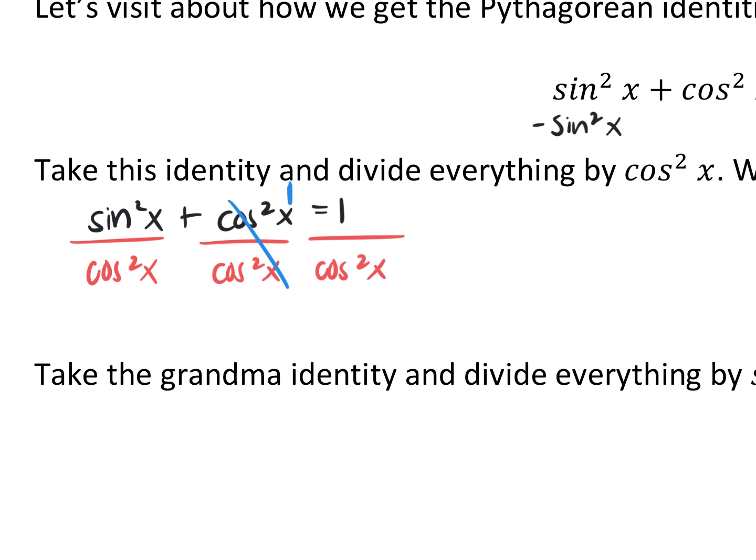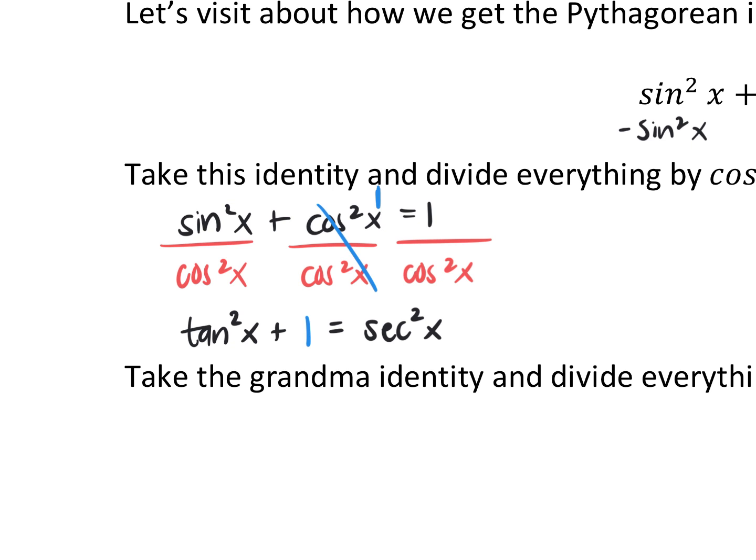This is technically tangent squared x, right? This is a plus 1. And then if I have the reciprocal function of cosine, 1 over cosine squared of x, the reciprocal of cosine is secant. So this would be secant squared of x.